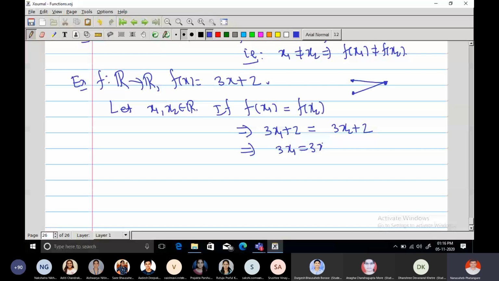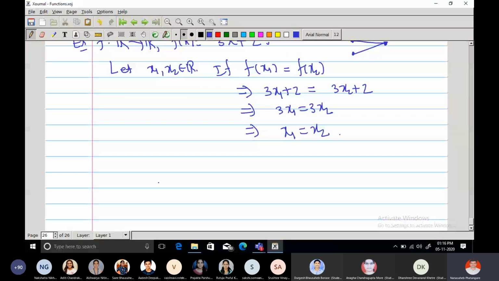Right, I can multiply by the multiplicative inverse of 3, or multiply by 1 upon 3 on both sides. So what will I get? x1 is equal to x2. So therefore, if images are equal, then pre-images are also equal. That is equivalent to saying that if pre-images are unequal, then images are certainly unequal. So therefore this function f is 1-1.